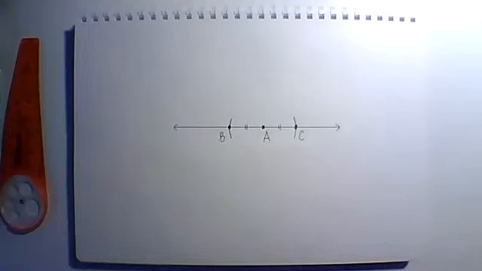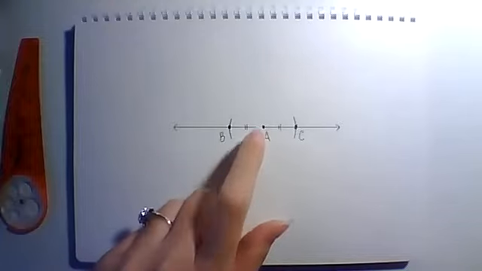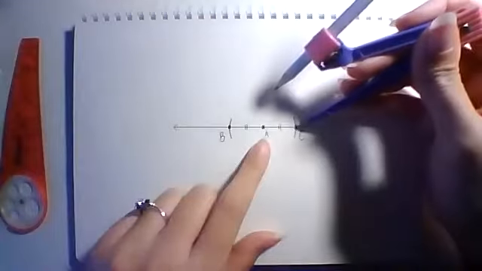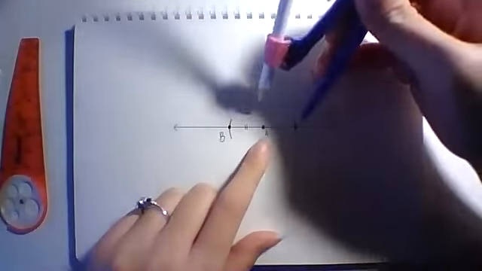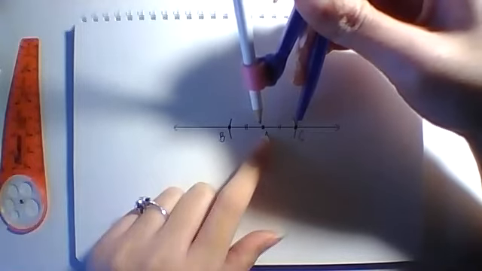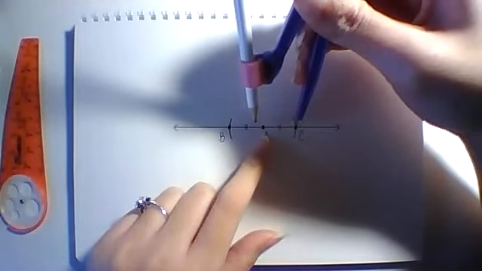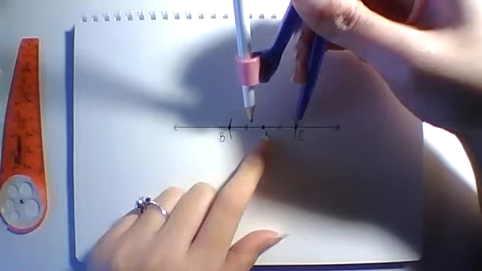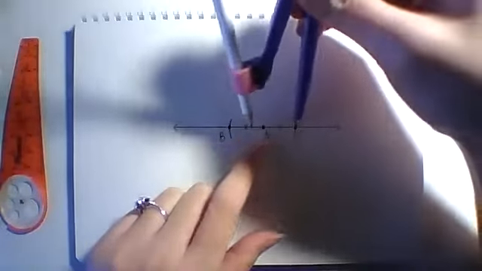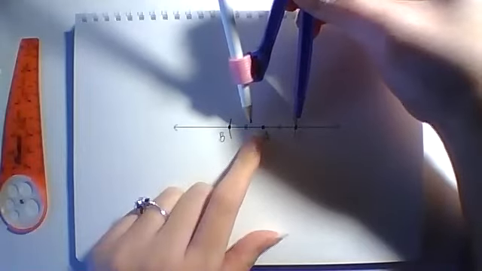And now, in order to make my perpendicular line through the point A, since we want the perpendicular bisector, we can use the same, or actually let's use slightly larger, as long as it's more than the middle.